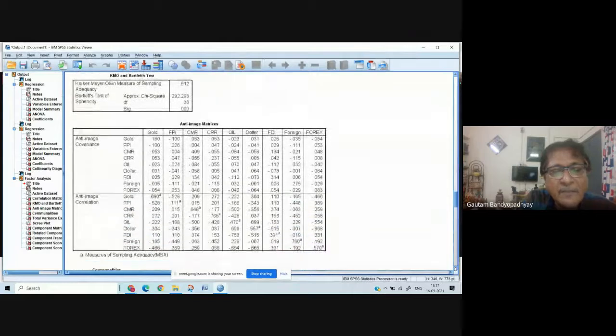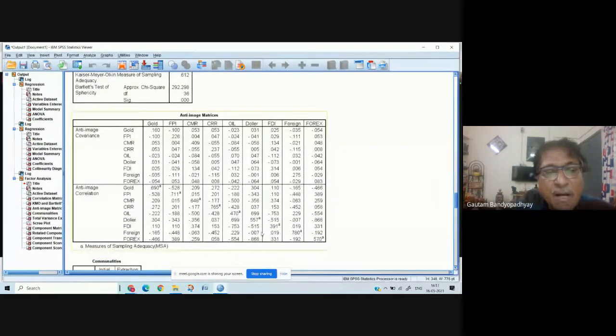That is why I'm coming to the anti-image part. For the anti-image part, just check these diagonal values, which are called the measure of sampling adequacy for each individual variable. I am not going into the formula, just the concept.